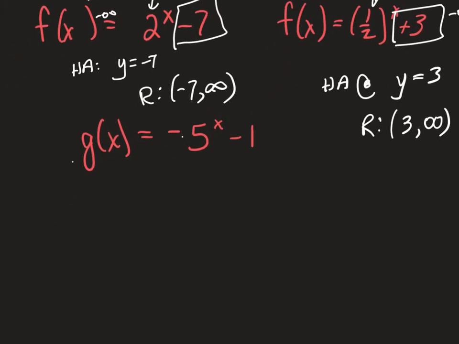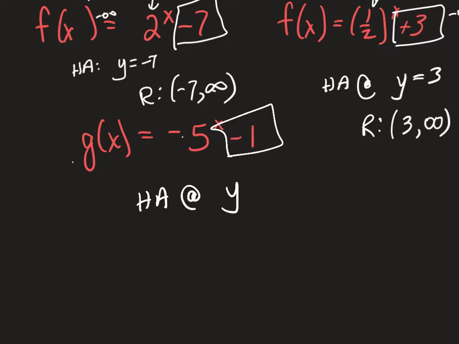So now, same thing here, same concept. Where is my horizontal asymptote? At y equals negative 1, right? Now this is a growth because it's bigger than 1. But what does this tell me about my function? It flips it, right? This is a normal growth that we're talking about.